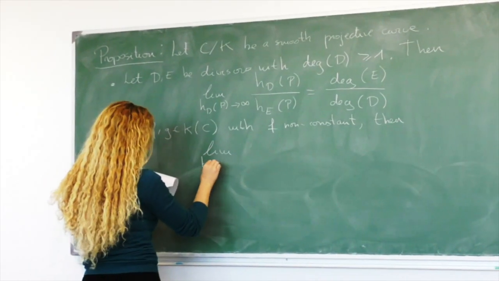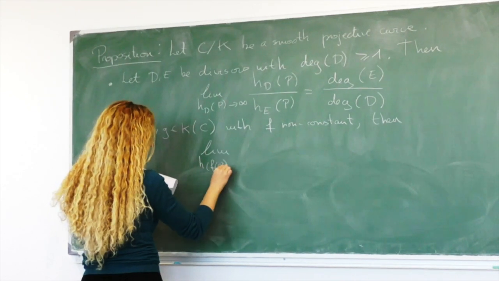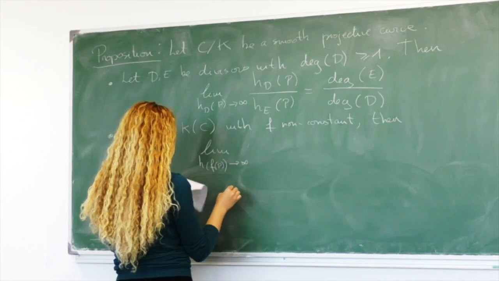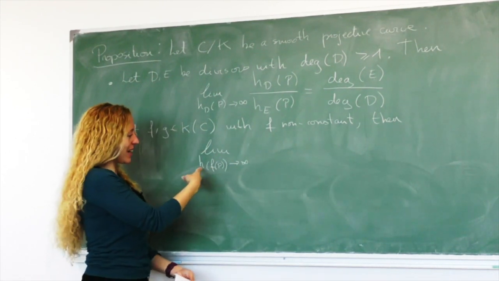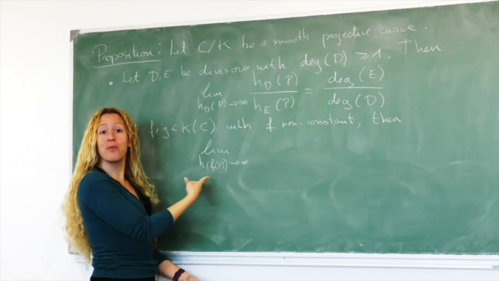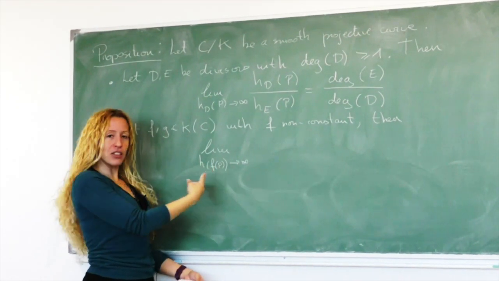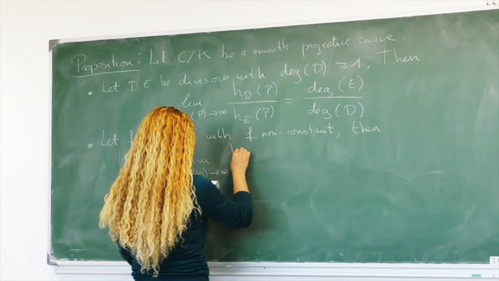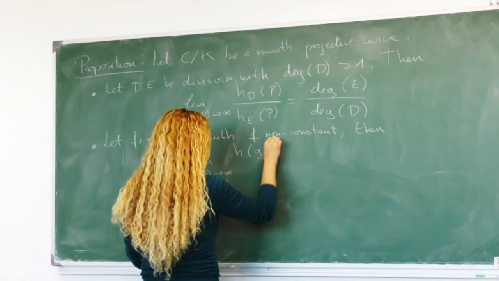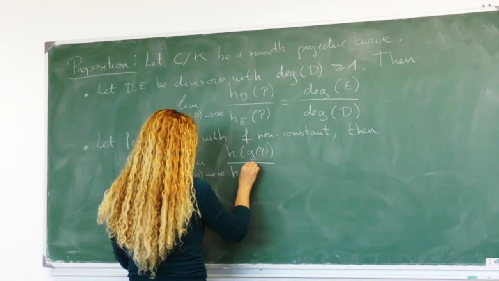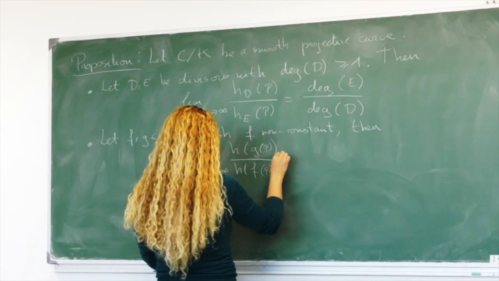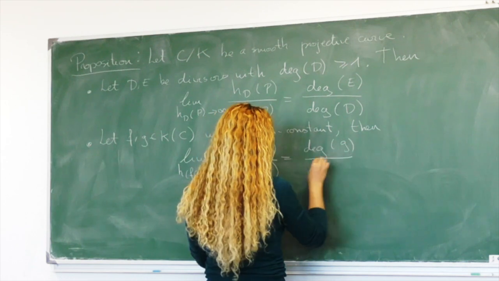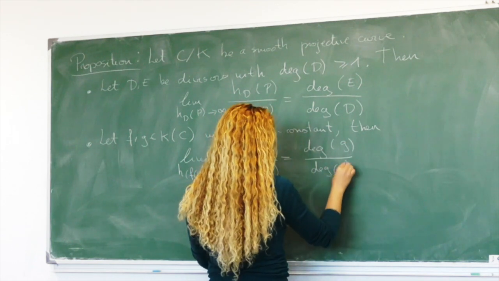The limit, when the height of f of p goes to infinity, and notice that this is the height of a number, right? Because it's the image of the function. So the limit of the height of g of p divided by this is equal to the degree of g divided by the degree of f.